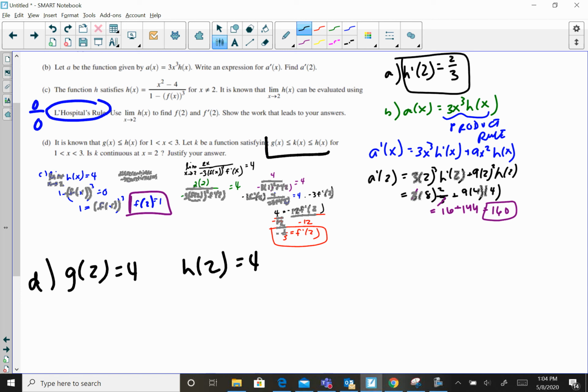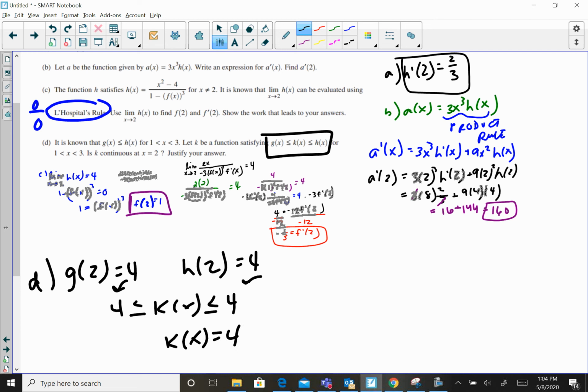And you know that this is true, right? k is between g and h. So if you have 4 is less than or equal to k of x is less than or equal to 4, because you had g of x, which is 4, and h of x, which is 4, that means that k of x must be 4.